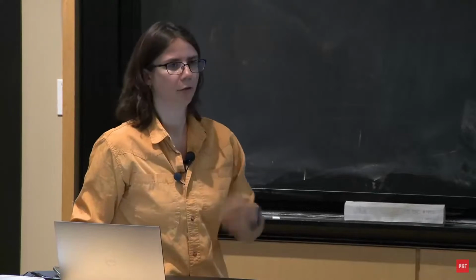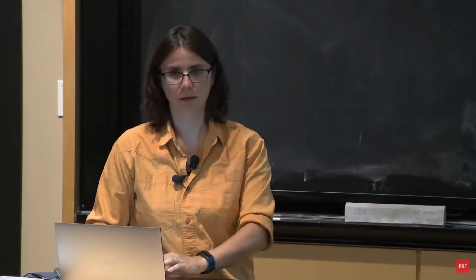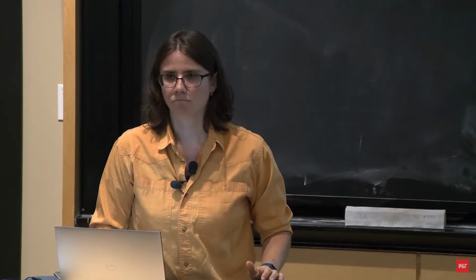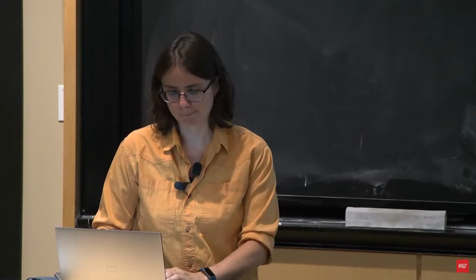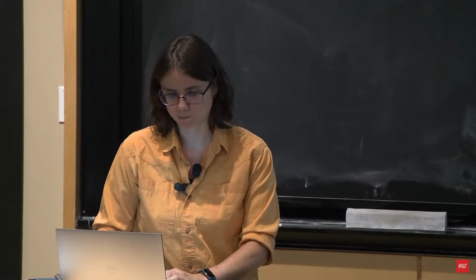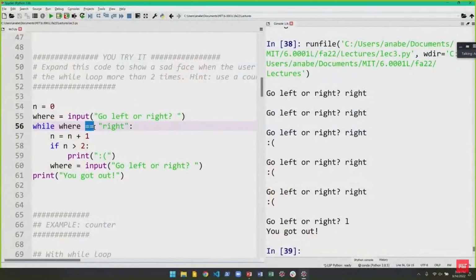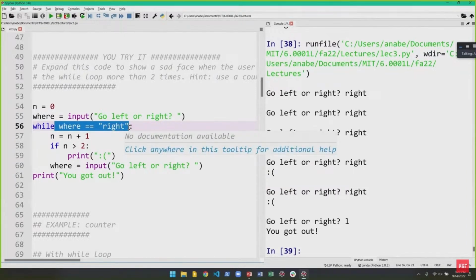Okay. Questions about this code? Yeah. Is it possible to test for something that's non-equivalent? Is there a sign that's different than the double equals, for not equivalent? Can we check for not equivalency here? Yeah. So this particular check checks for what the user typed in.